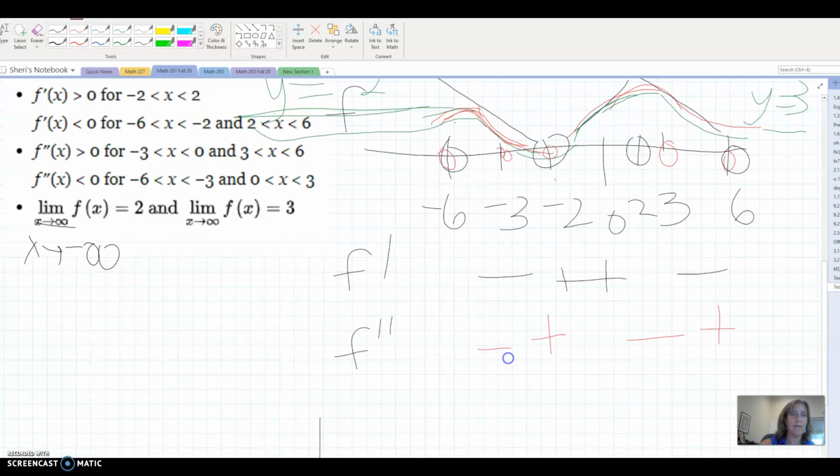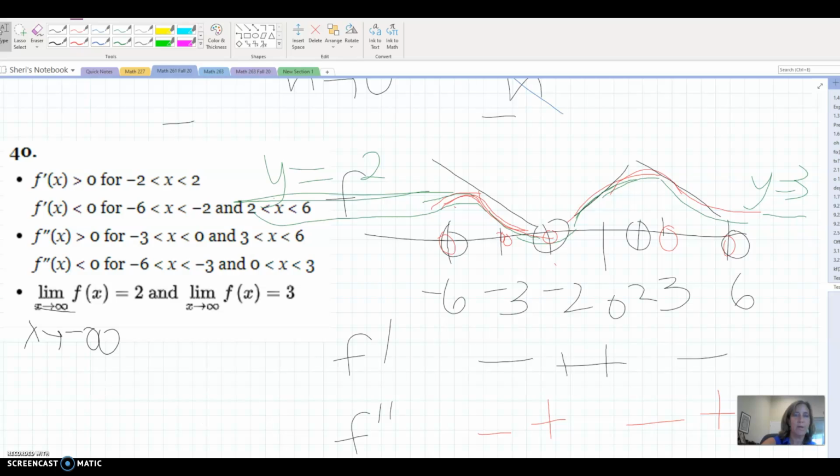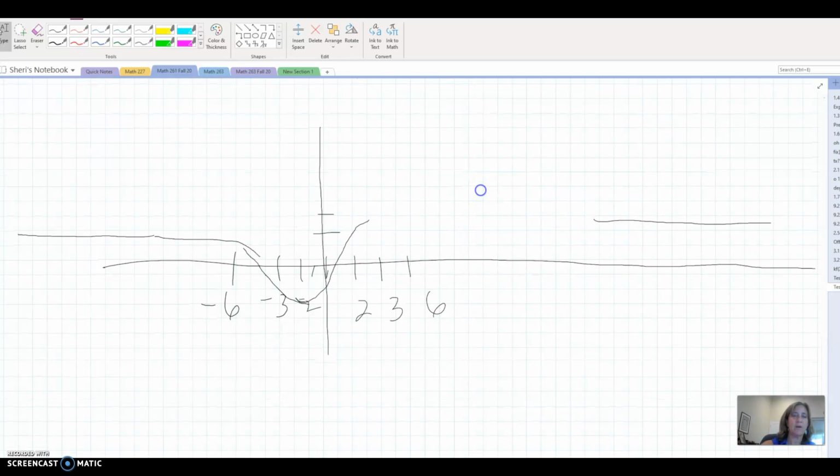All right, and then when x is equal to 2, in between +2 and +6, my first derivative is negative, so my function is going to start decreasing. So it decreases all the way from 2 to 6, but in between 3 and 6, it's going to turn around and be concave up. So in between 2 and 6, it's going to keep decreasing.